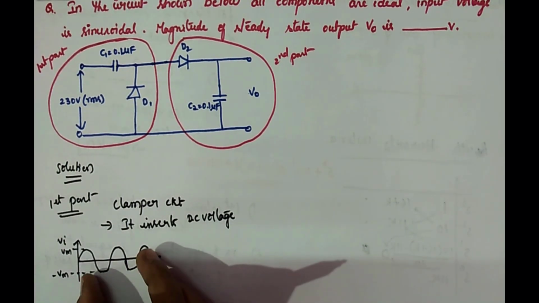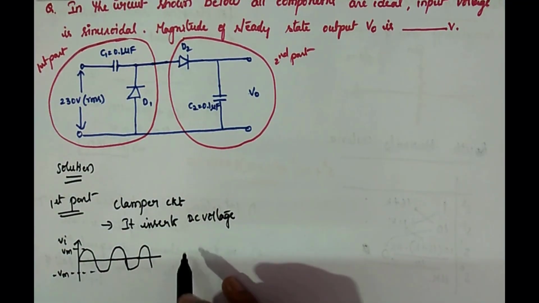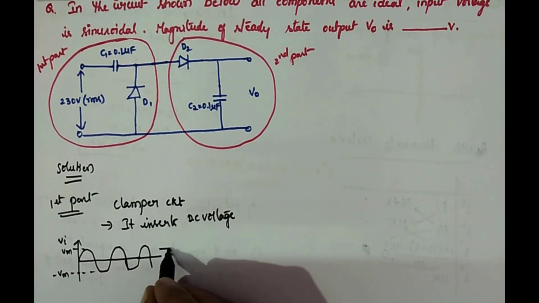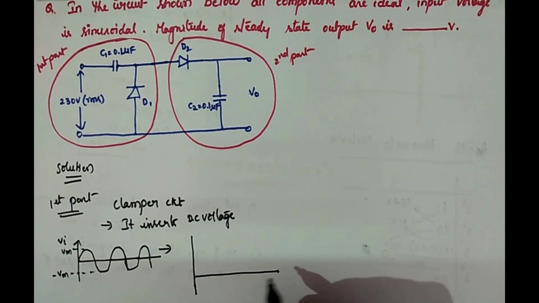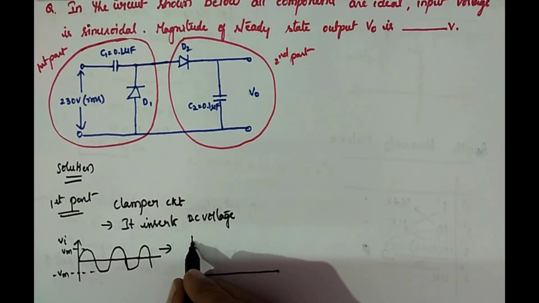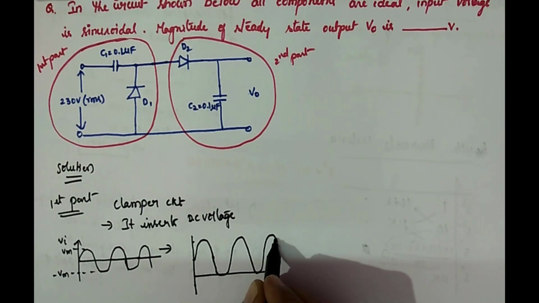When you apply this signal to this clamper circuit, what is the output? This is the input and this is the output.